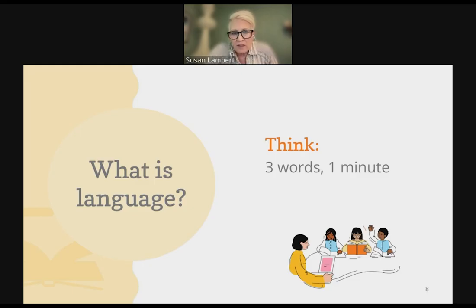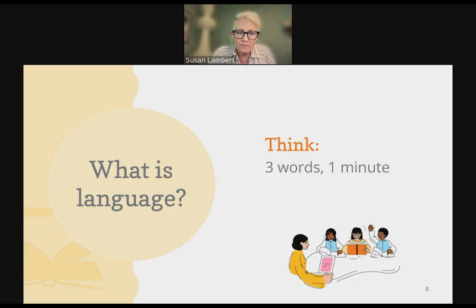So the first thing that I want you to think about is what is language. Now, don't do anything yet except for think. And awkwardly, I'm actually going to give you 1 minute of think time. And so what I want you to do is just what the slide says. If you can, in 3 words, whether they're related or whether they're different words, think of 3 words that would help describe language.